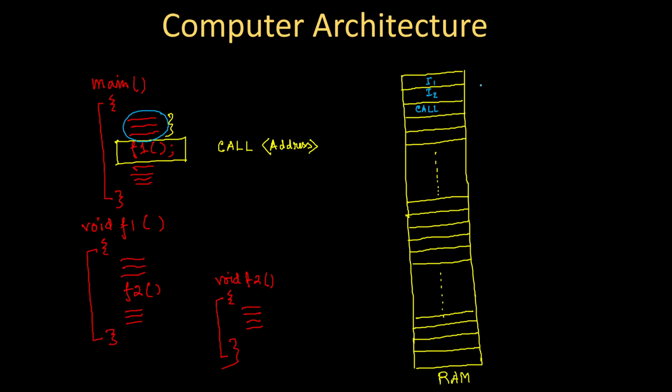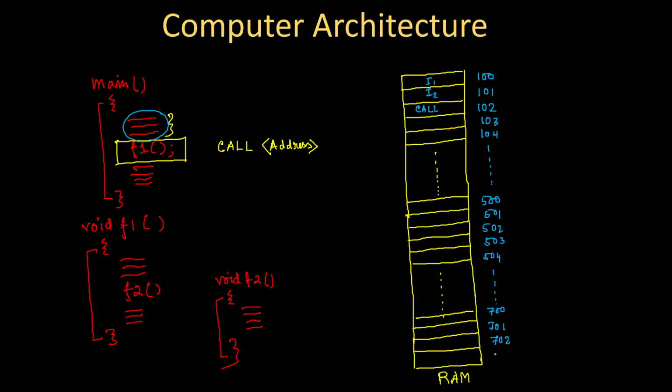So, just for the situation, if I consider this is address 100, 101, 102, 103, 104, and then 500, 501, 502, 503, 504, and then 700, 701, 702.